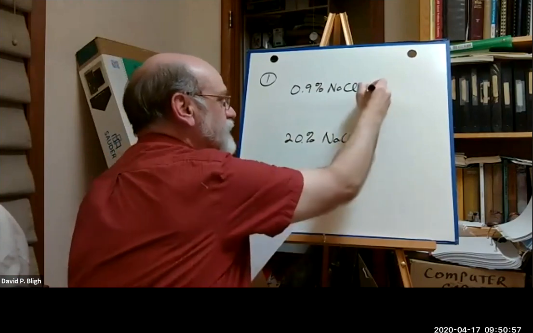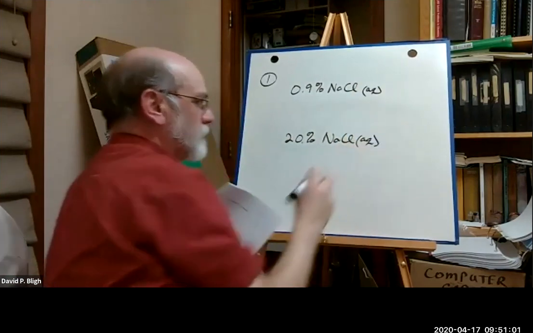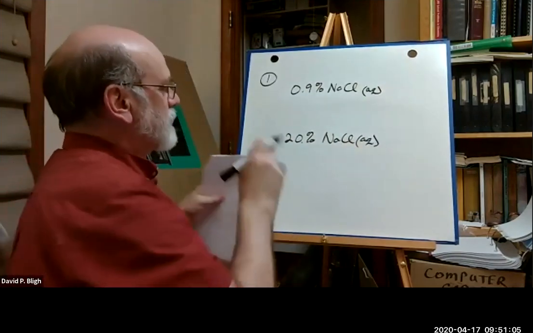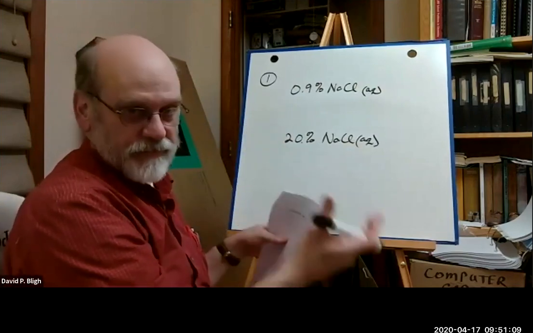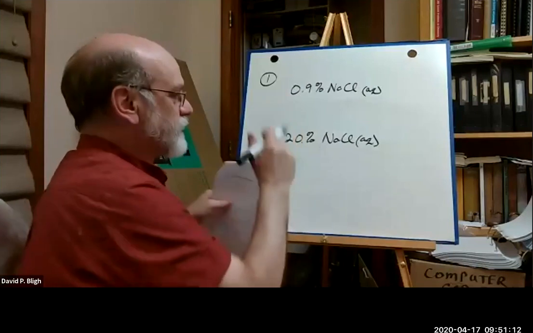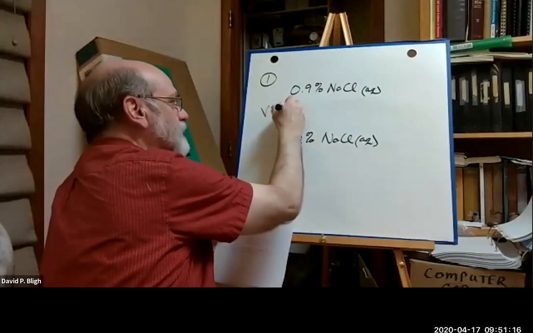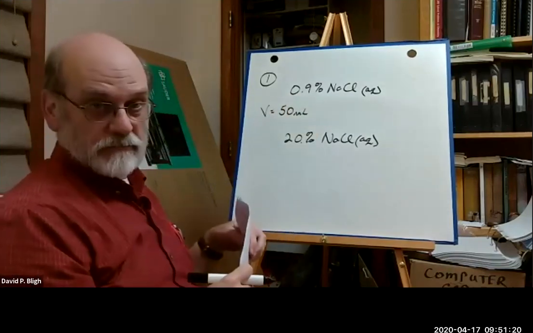Now these are going to be aqueous, of course. So we want to know how much sodium chloride is required to make 50 milliliters of that solution. So the total volume for both of them is going to be 50 milliliters. Right?